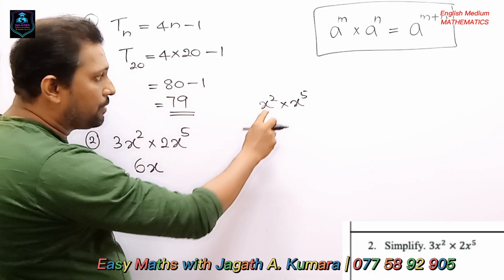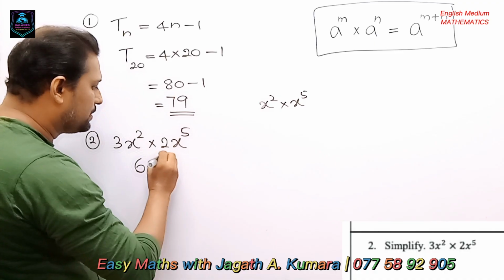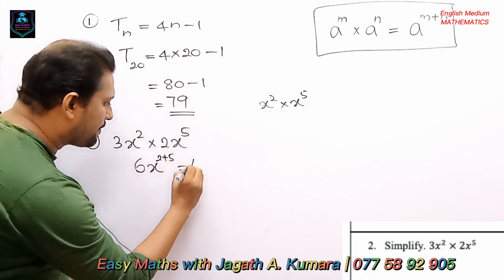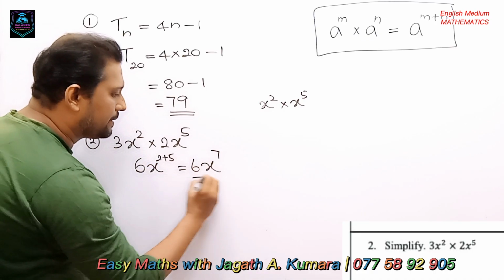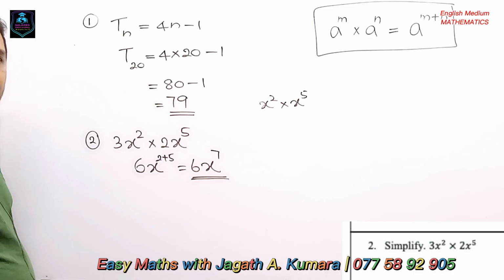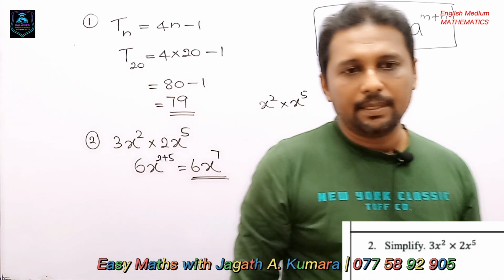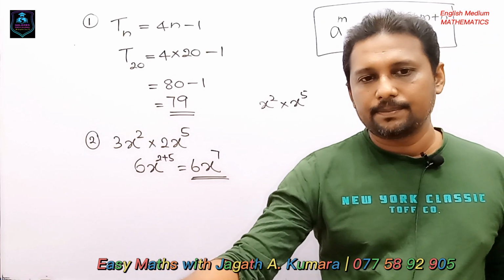Then what you have to do? 2 and 5 you have to add. 2 plus 5. So what is the answer? 6 x to the power 2 plus 5 is 7. So the second question answer is 6 x to the power 7. Right? It is the second question.